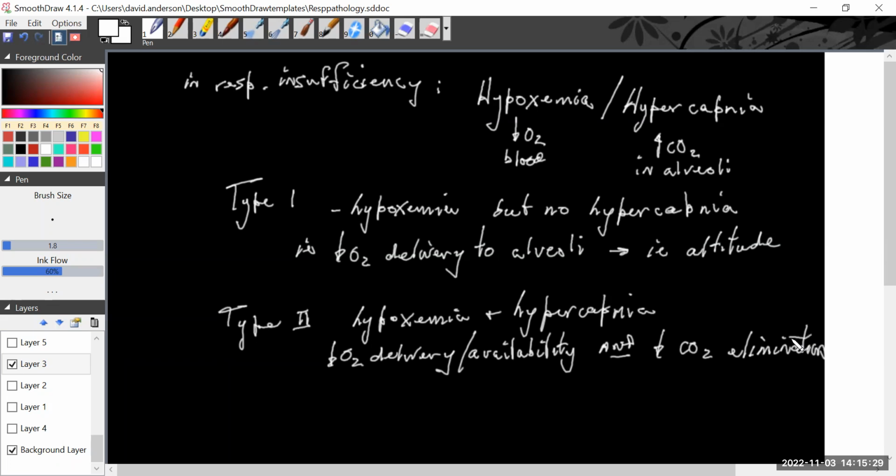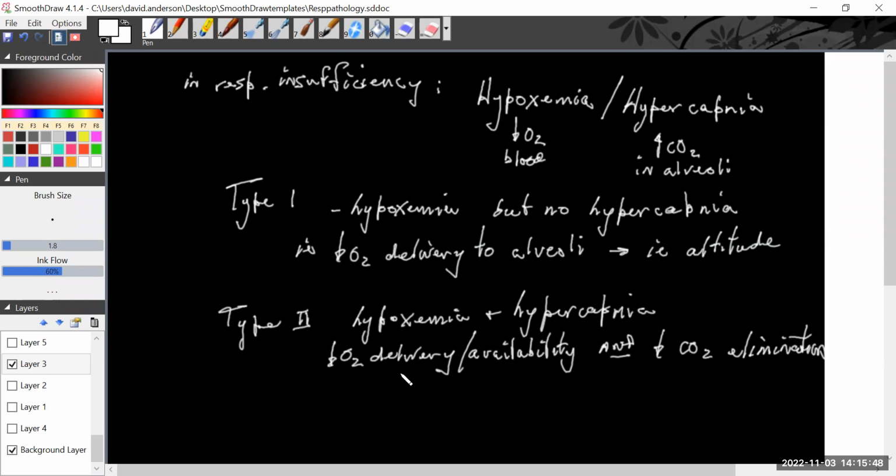So this might occur in scenarios where the airways are blocked partially, like what happens with asthma and chronic obstructive pulmonary diseases and those sorts of things, or scenarios where we have a decrease in oxygen and carbon dioxide delivery exchange.